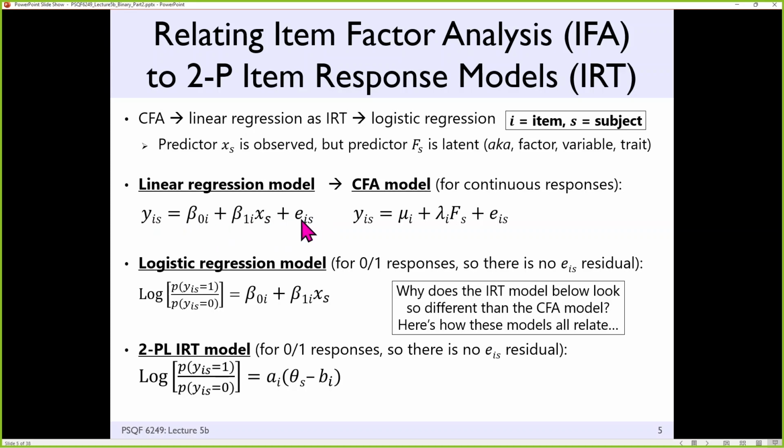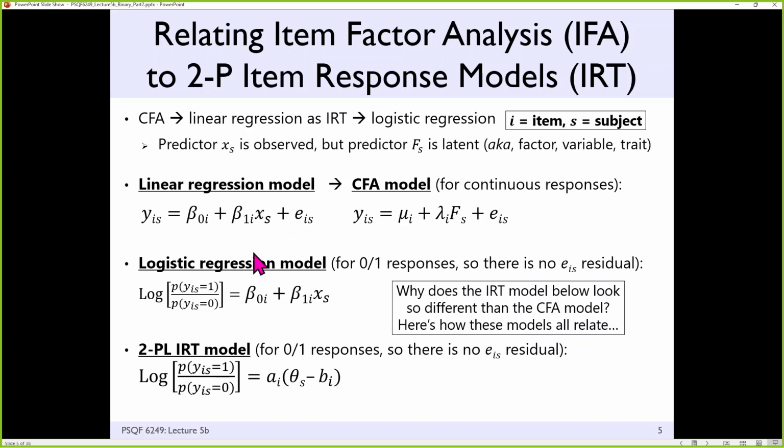I can rewrite this equation using factor analysis notation by switching out beta 0 for my intercept, switching out beta 1 slope for my factor loading, and then everything else is the same. Okay, so with me so far. The only difference really is x and f. X is in your data and f is not.